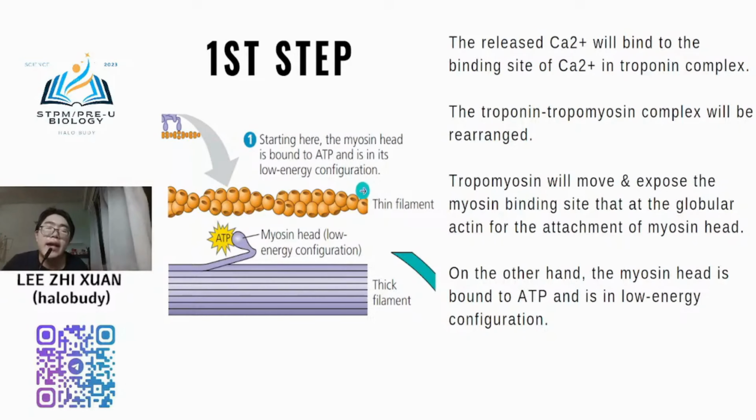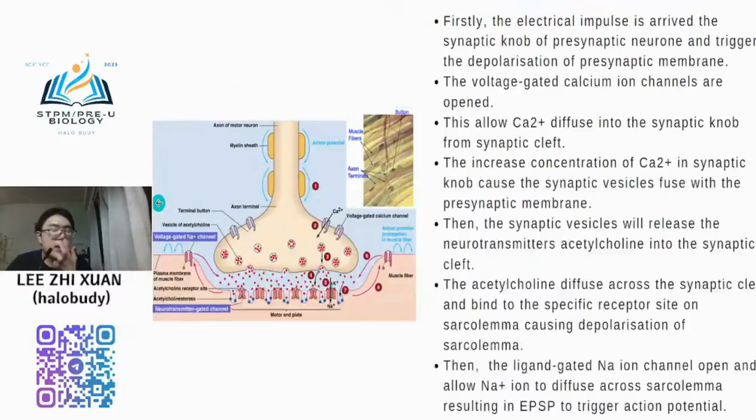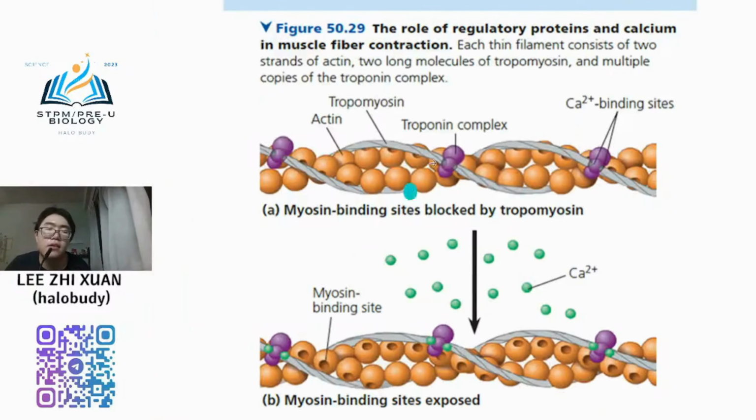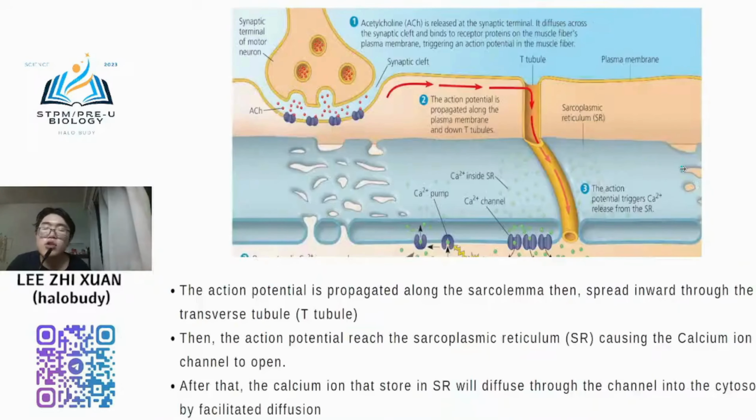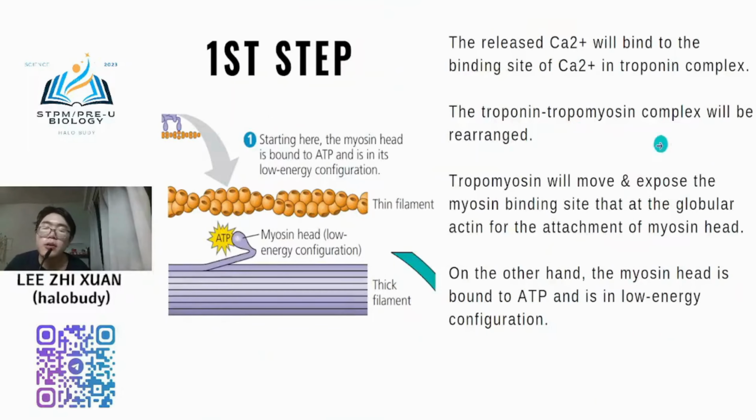And at the same time, the calcium ion will bind to the troponin complex too. In this diagram they don't show the troponin complex, but you still remember this troponin complex. The calcium ion will bind to this troponin complex. Once it binds to the troponin complex, the troponin-tropomyosin complex will be rearranged.